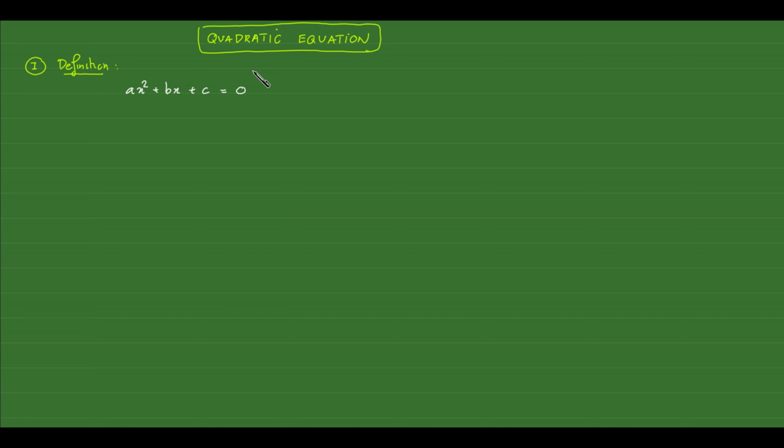Okay, in the intermediate algebra course we call this a trinomial, right? And when we set it equal to 0, it becomes a quadratic equation. The a, b, c here are just constant numbers, meaning they could be any number, fraction, decimal, positive or negative.